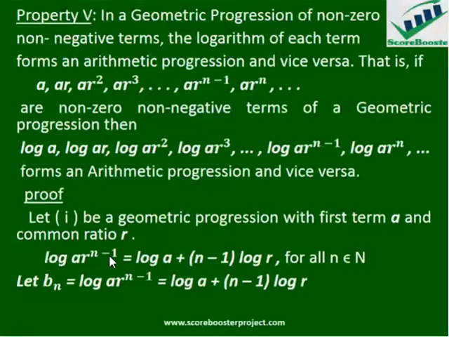Also, according to the rule of logarithm, log b raised to the power a, the same thing as writing a log b. So here log r raised to the power n minus 1, the same thing as writing n minus 1 log r. That is why we have log a plus n minus 1 log r for all n elements of N. So let b subscript n be equal to this, therefore b subscript n will be equal to log a plus n minus 1 log r, where this is representing the nth term.